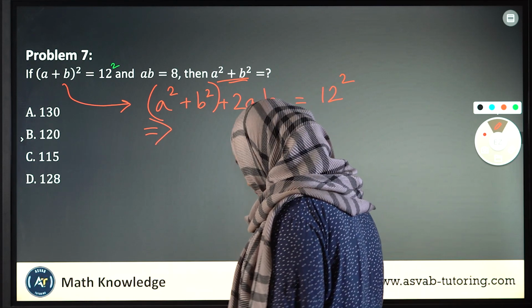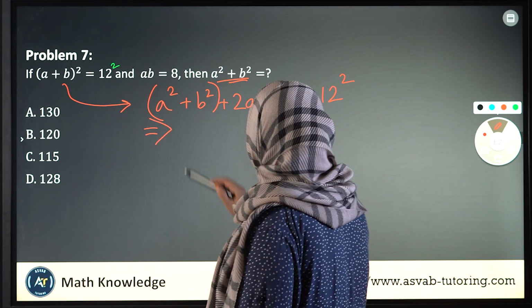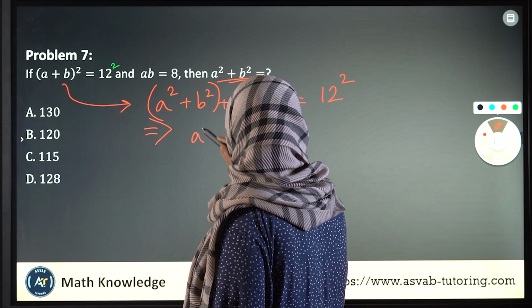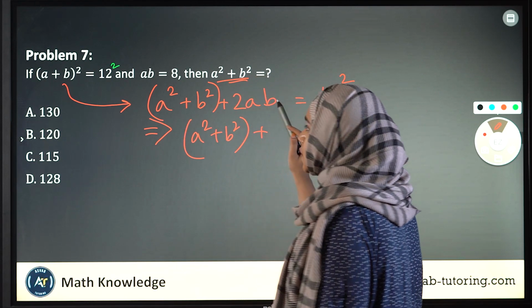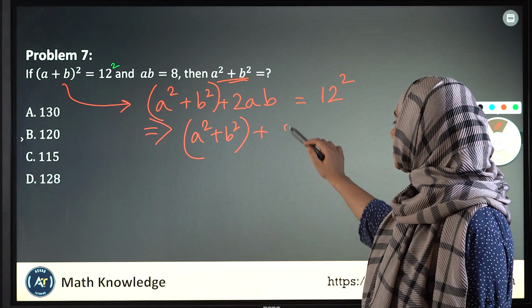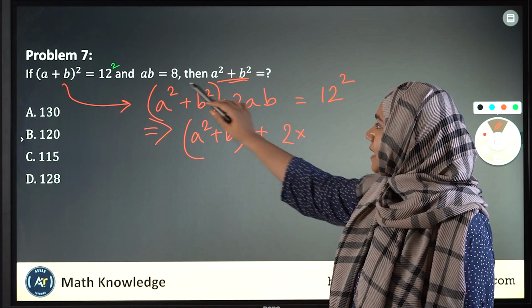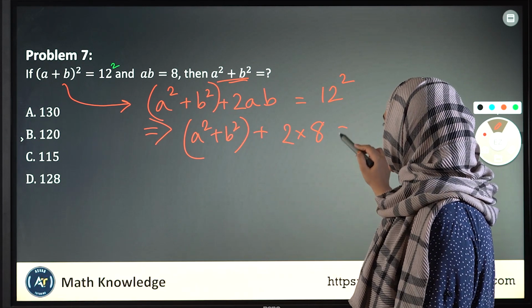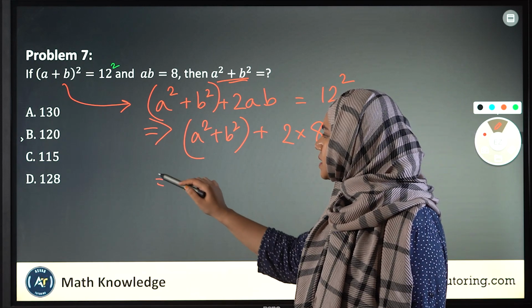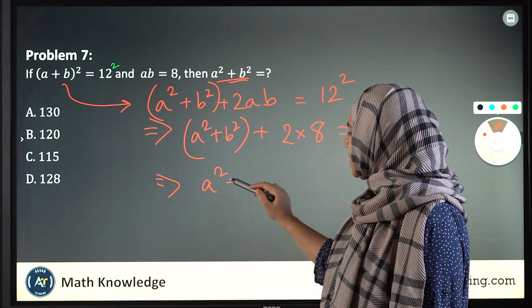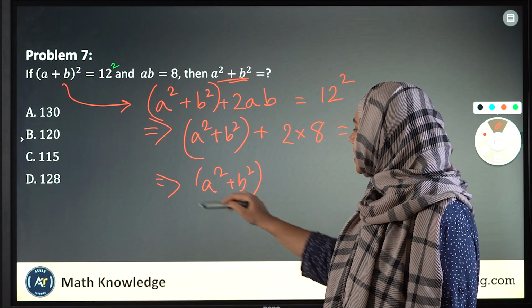So while doing that, we can also see that a squared plus b squared brings itself down. And in the case of 2 times ab, we can actually write 2 times what? ab here is 8, equals 12 squared, which is 144. So a squared plus b squared is going to be what?